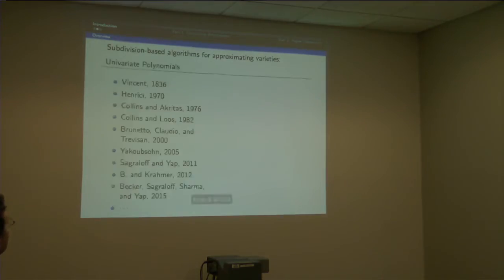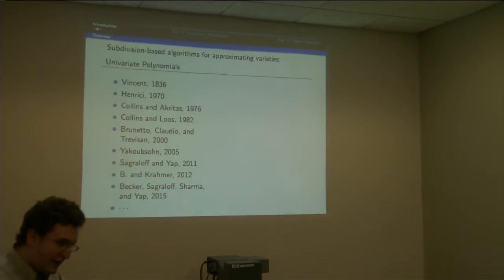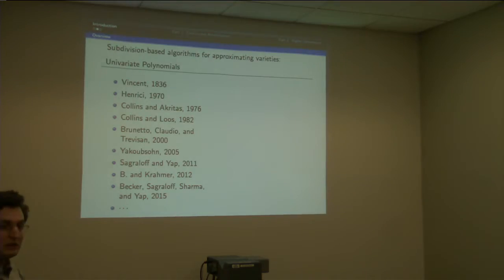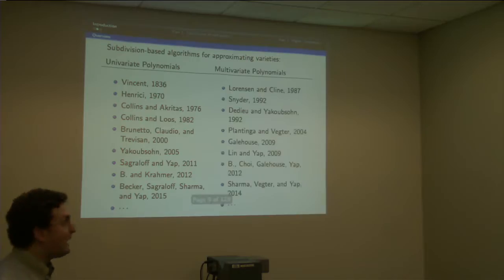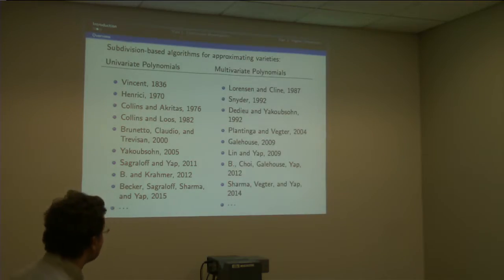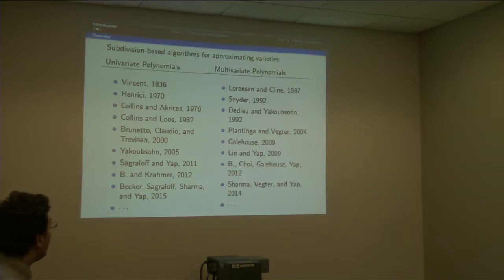All right, so for approximating varieties, there's lots of different algorithms. For univariate polynomials, there's a list and it goes on and on and on. And for multivariate polynomials, there's another list and it goes on and on and on.